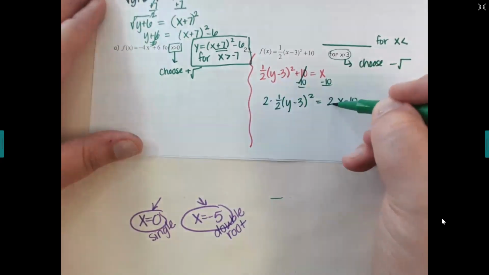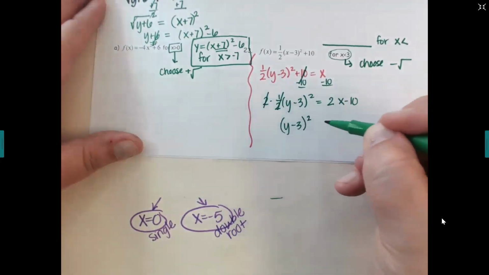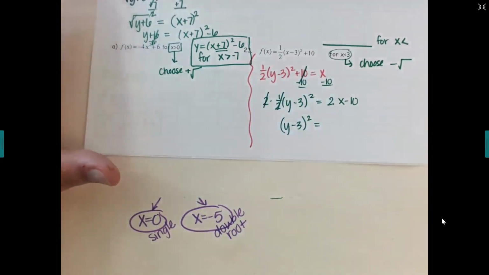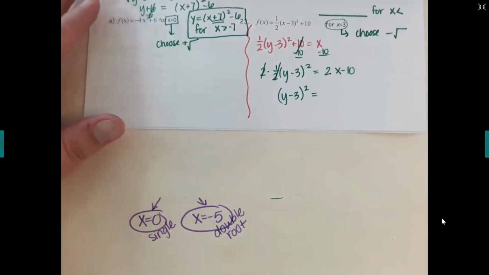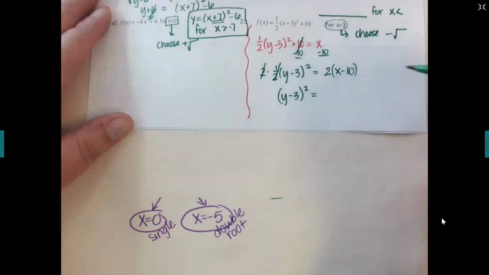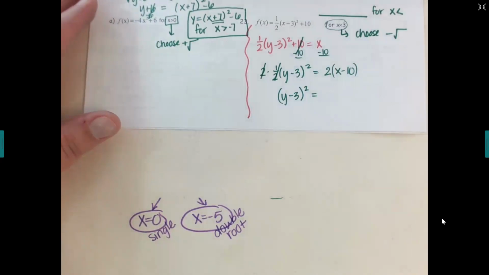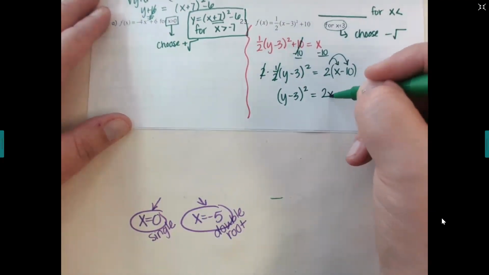Multiply by 2. So I have (y minus 3) squared equals 2x minus 10. Is that right? What'd I do wrong? Gotta put parentheses. Why does that matter? Because it's not just the x getting times by 2, it's the x and the 10. So that's gonna be a 2x minus what? 20.